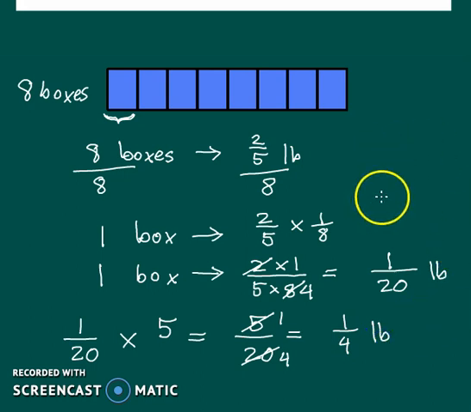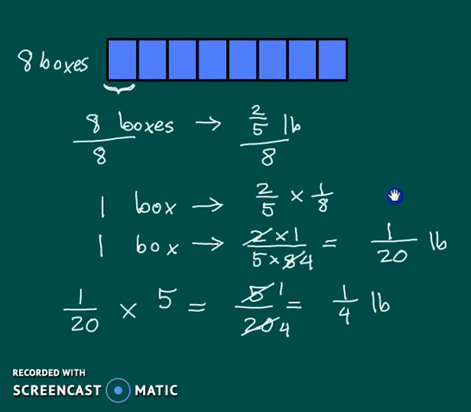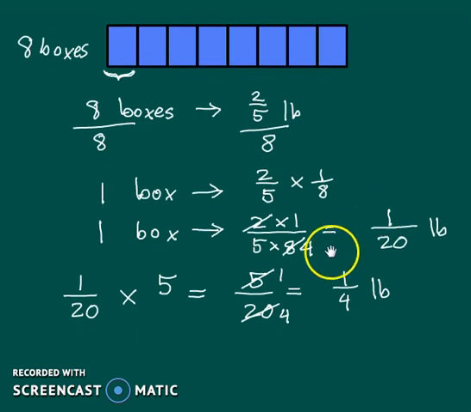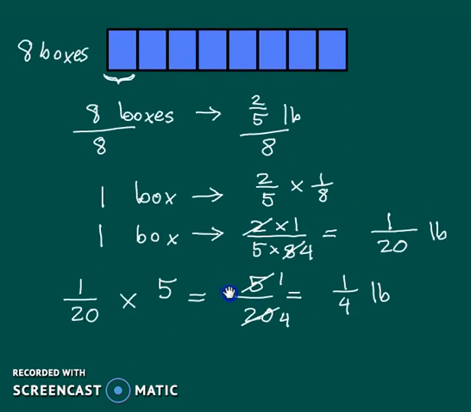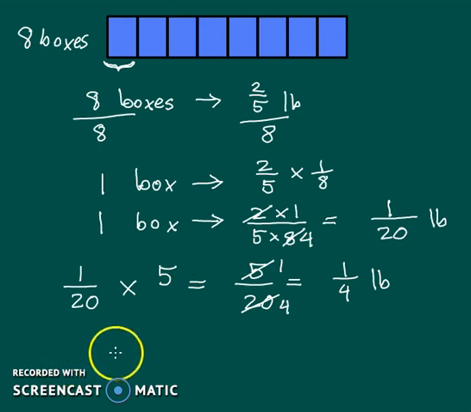And another way we could have thought of this, instead of finding out first how much one box weighed, we could have said, okay, so we know that 8 boxes weigh 2/5 of a pound. So 2/5 of a pound is the weight of 8 boxes. And here I've got 8 units representing those 8 boxes.